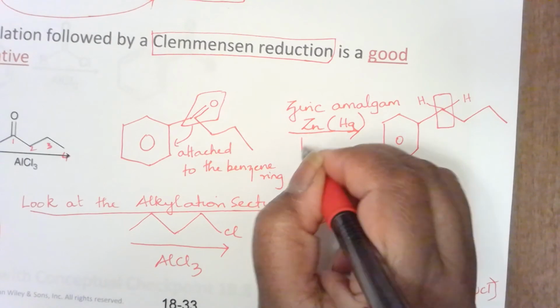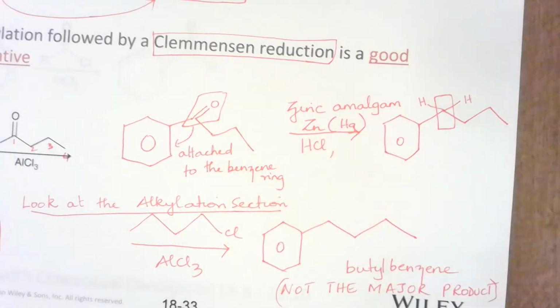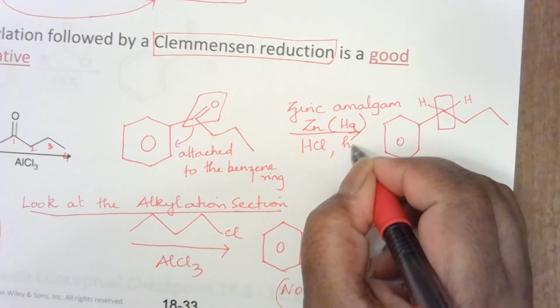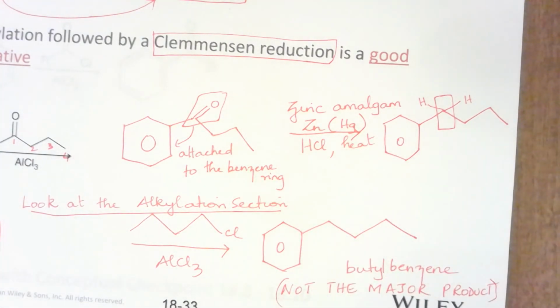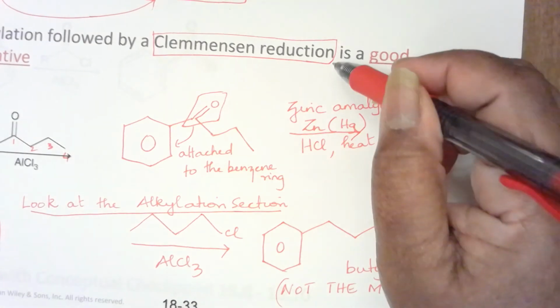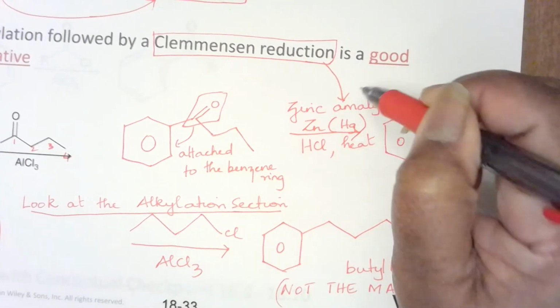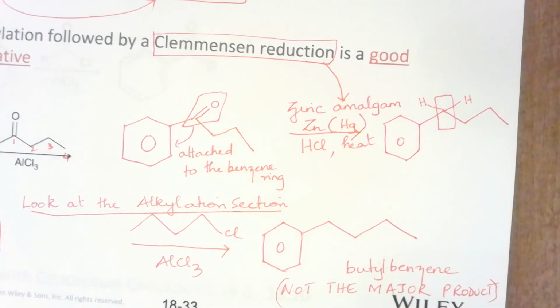And of course you need some other reagents, HCl and heat. We've seen reducing agents such as zinc or Fe with HCl, but the Clemmensen reduction, remember, uses zinc amalgam in the presence of HCl and slightly higher temperatures.